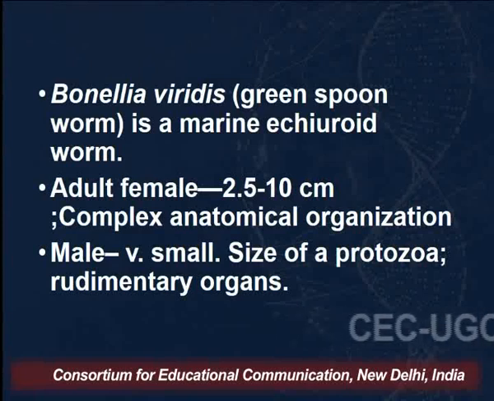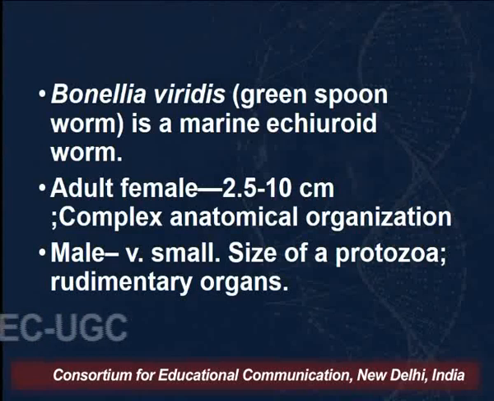The adult female is a fairly large one, ranging from 2.5 to 10 centimeters, and it has a very complex internal structure or anatomical organization. In sharp contrast, the male is very small, in fact microscopic, of the size of a protozoan, and it has very rudimentary organs.